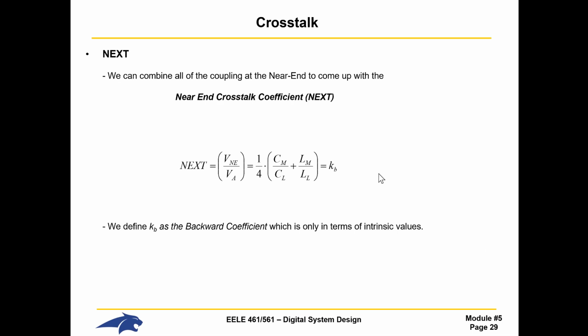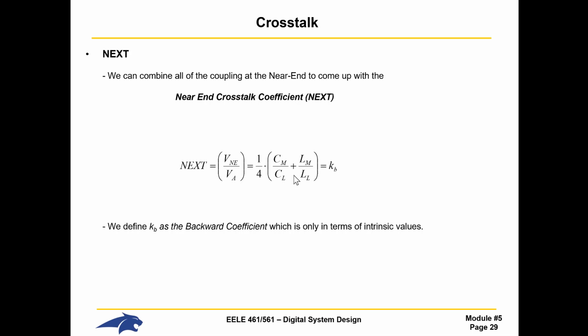So let's put everything together. Now we have full near-end crosstalk, and you have this near-end crosstalk coefficient, Knext. Like we said with superposition, you just add them together. So Knext is basically the percentage of the aggressor voltage that you're going to see. You have V near end over VA, which is 1/4 times your capacitive coupling plus your inductive coupling component, and we sometimes call this KB.